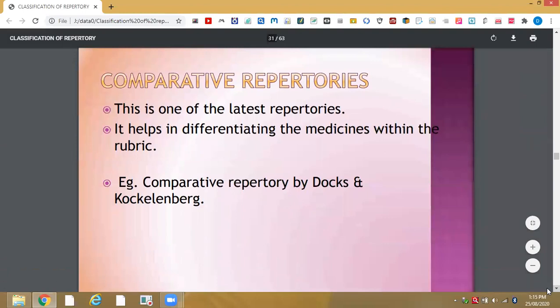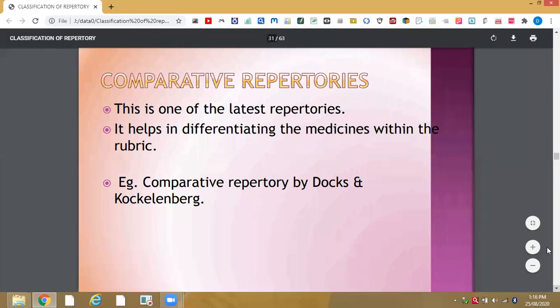Then what is comparative repertory? This is one of the latest repertories. It helps in differentiating the medicines within the rubric. The example of this type is the Comparative Repertory by Dockx and Kokelenberg.